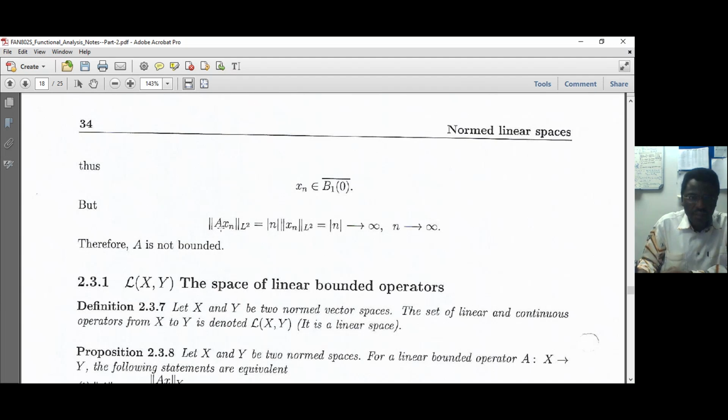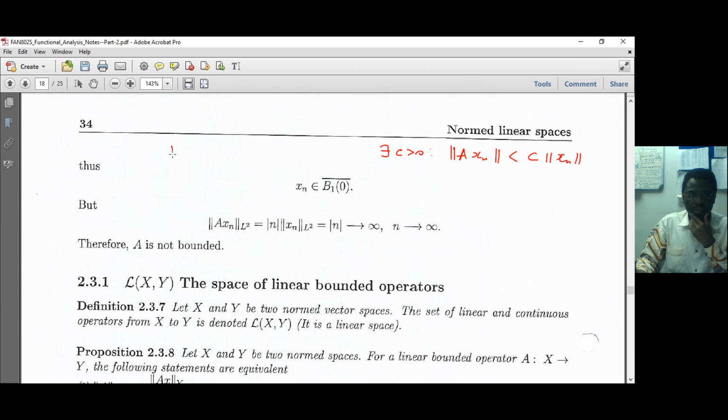If the operator A were bounded, we would have been able to find a positive C such that this is less than C norm of xn. Because that is true for any x.